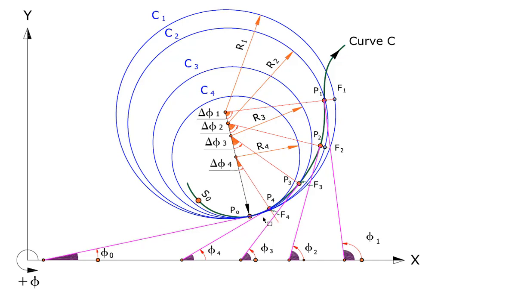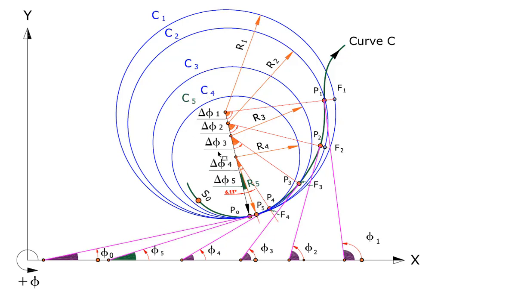Again, we choose a point closer to point P0, and that is point P5. We draw the tangent and the perpendicular to the tangent, and we get a new center for the circle C5. It seems as if it's coinciding with the center of C4, but they are not. And we get the central angle delta phi 5, 6.11 degrees.